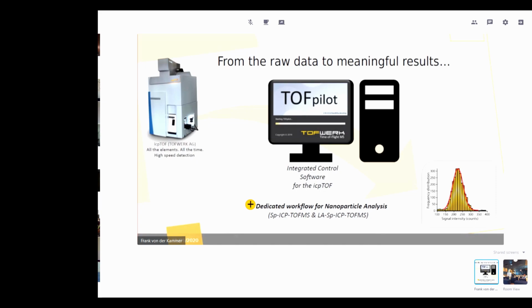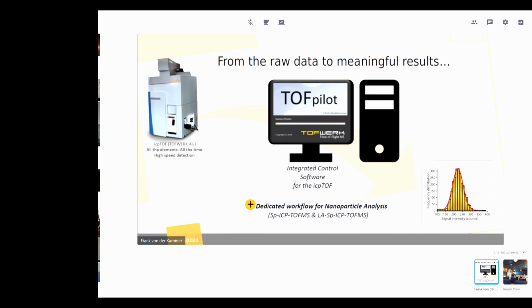particles, to say actually are these engineered or are these natural or incidental particles based on their elemental ratios, because you can simply measure almost every element of the periodic table and see if this is actually existing in your particle. Just think about what happens when you're measuring for 1 minute and you get 33,000 data points per second from this instrument because of the readout speed, 33,000 single measurements per second, and this over 1 minute, and this over the whole elemental spectrum, and this with a high resolution.